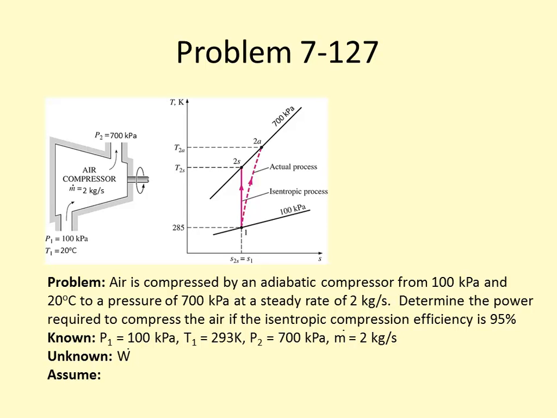C sub P is 1.013 kilojoules per kilogram Kelvin. T2s is 508.3 Kelvin, and T1 is 293 Kelvin. So we find that our isentropic work is equal to 436.3 kilowatts.